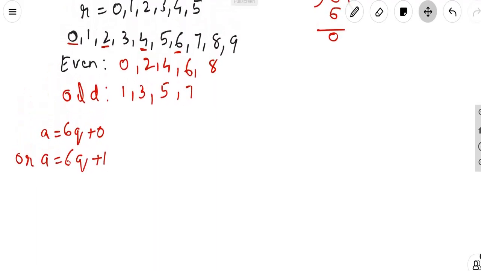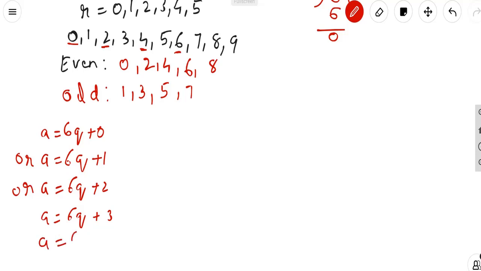R is how much we have taken here? R we have taken here 0, that is 0, 1, 2, 3, 4 and 5. So from this we are writing here, A is equal to 6q plus 1, or A is equal to 6q plus 2, or A is equal to 6q plus 3.